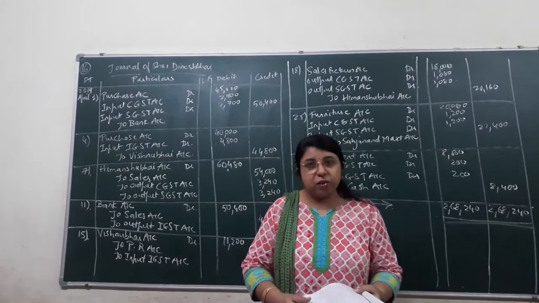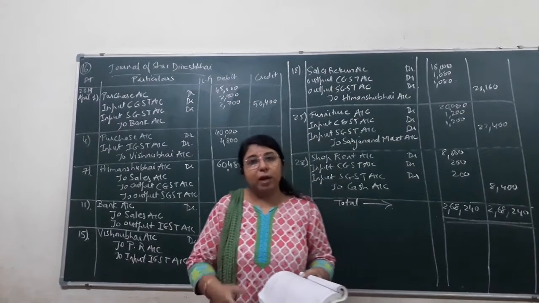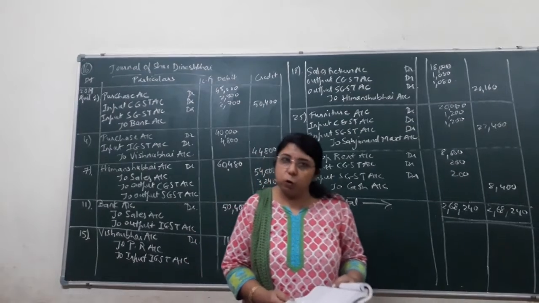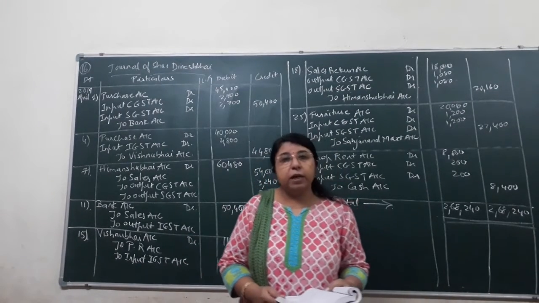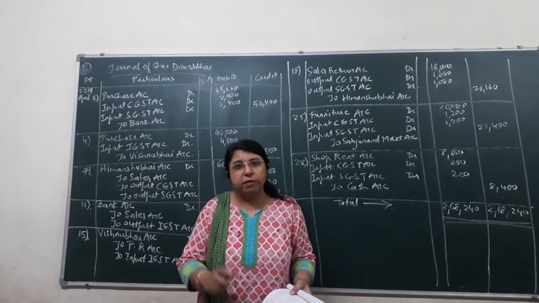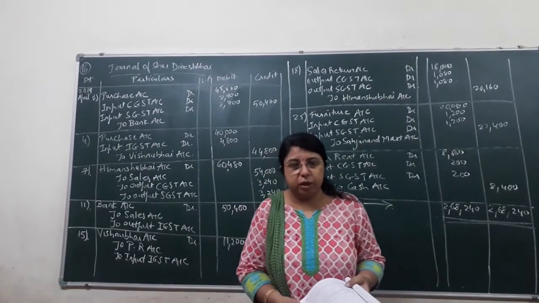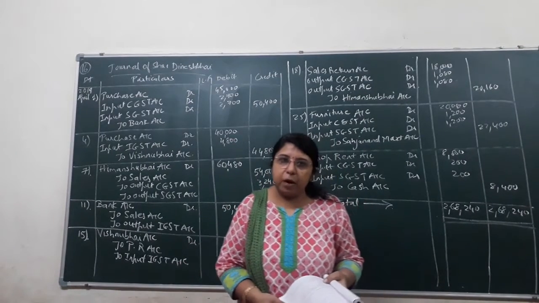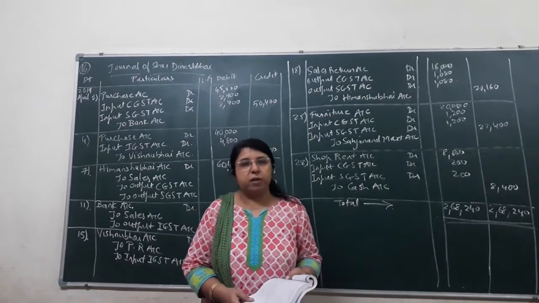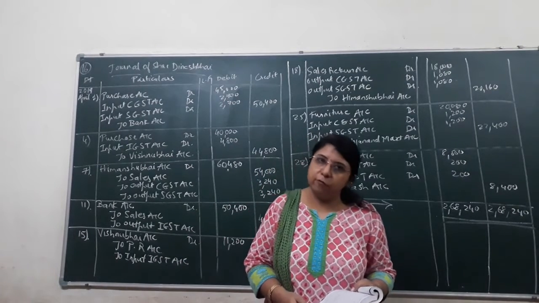Now for IGST, that would be the total of both, that is 12% in case of goods and 5% in case of services. If the transaction takes place between two different states, then IGST will be applied for goods, that will be 12%, and for services that will be 5%.